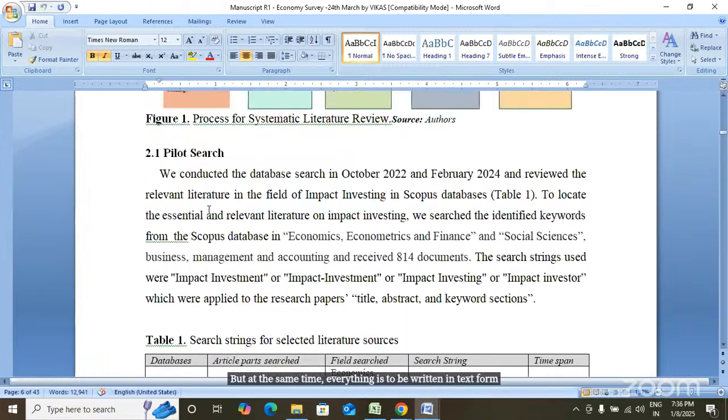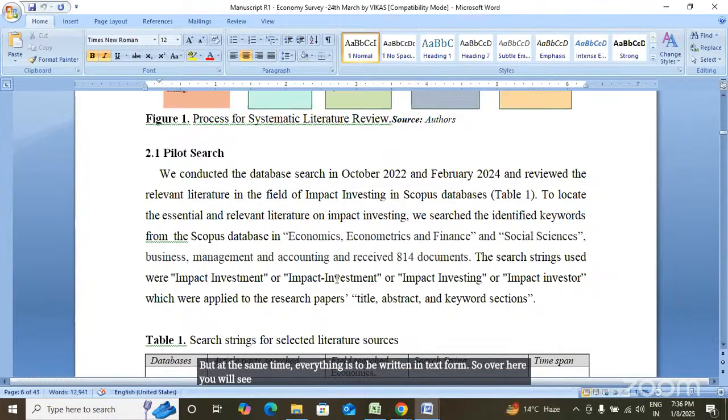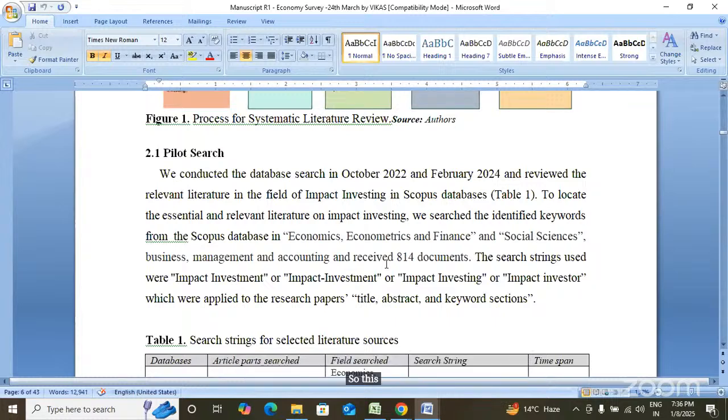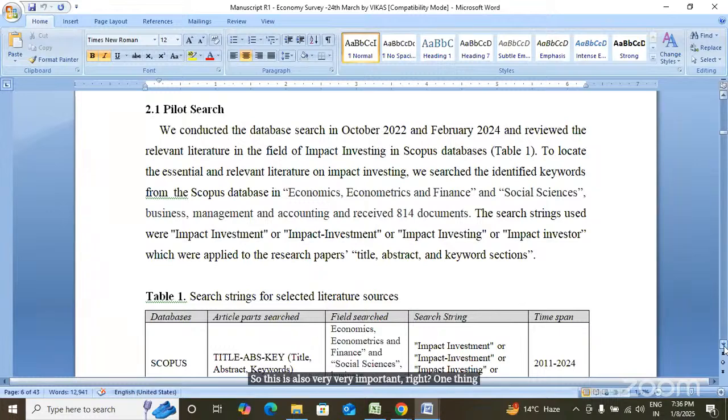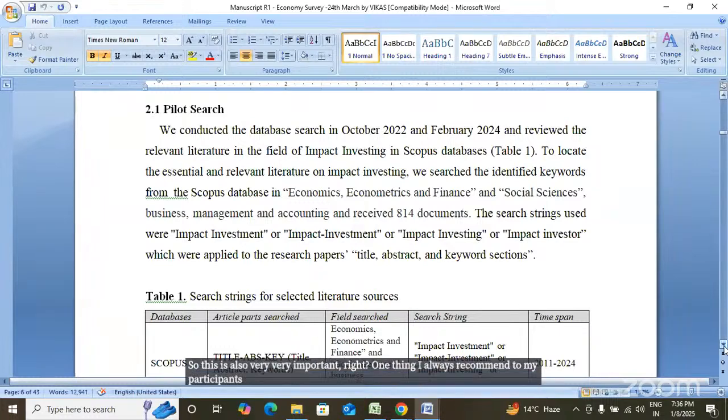So over here you will see that everything we have put into this table is written over here. So this is also very, very important, right? One thing I always recommend to my participants and students is to make more and more tables in your paper, because it will highlight the important points to the editor or the reviewer.